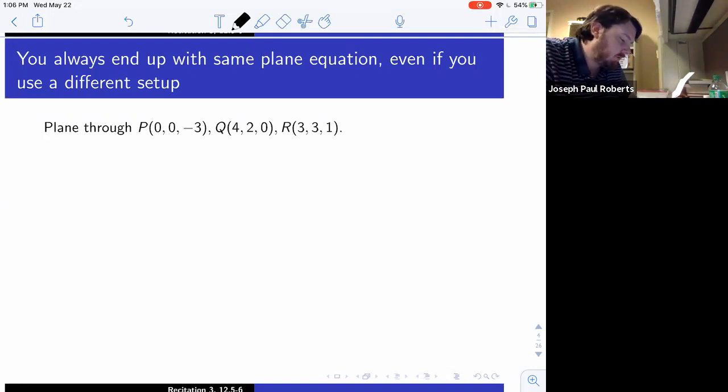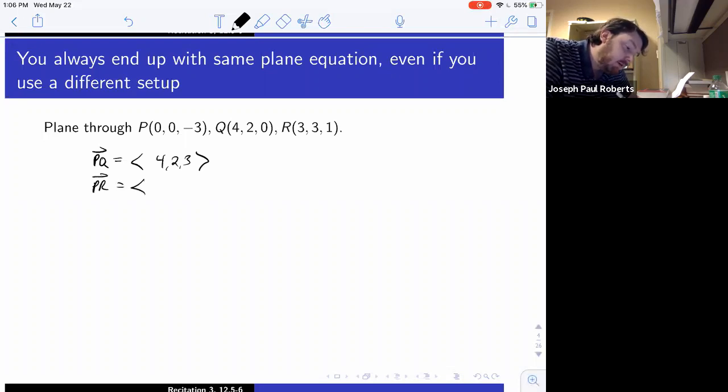So let's say I want to do the plane through these 3 points. I guess we could do PQ, displacement vector, is going to be 4, 2, 3. And PR, for example, is going to be 3, 3, 4.